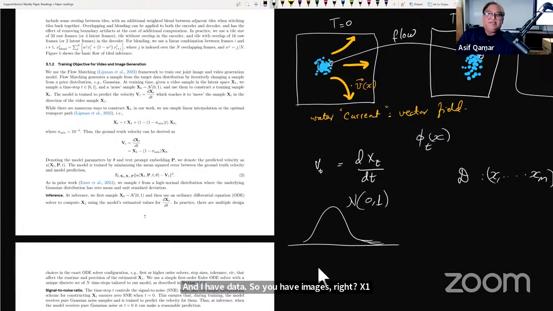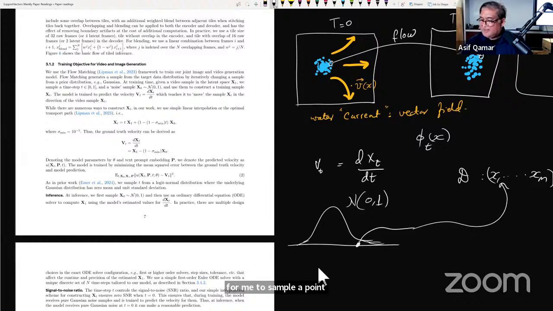You ask this question: is there a way for me to sample a point from here and make it flow into this image? Suppose they're both in the same dimension, say d dimensions.